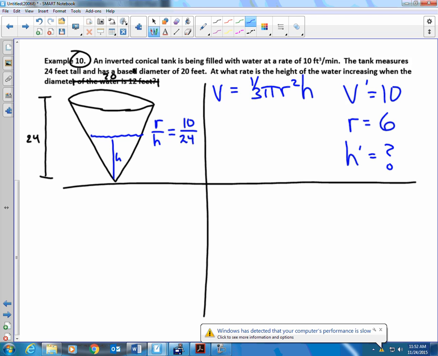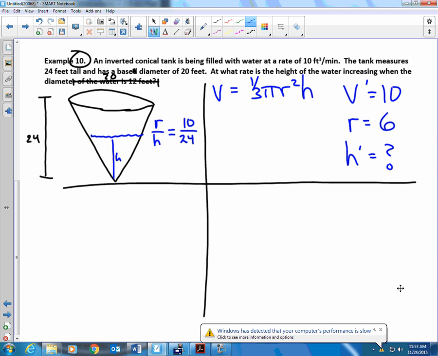It says that it's 20 feet in diameter. Suppose the water was 10 feet in diameter. What would the height of the water be? 12. Why? It's half, right? It's increasing at a constant rate. There's a relationship between these two.